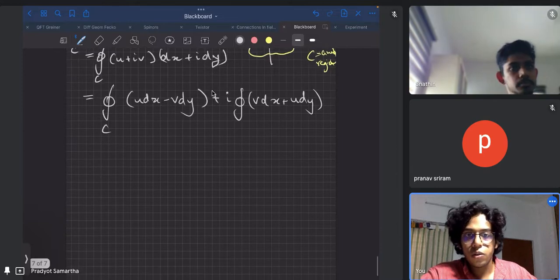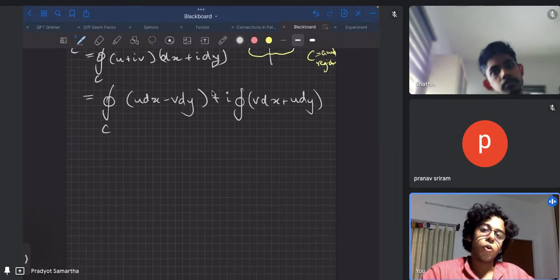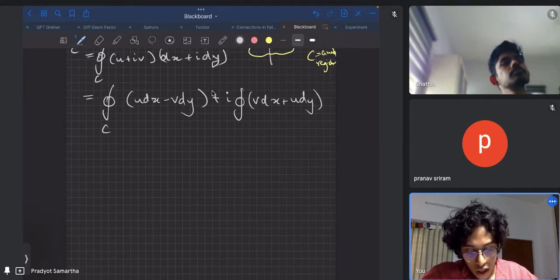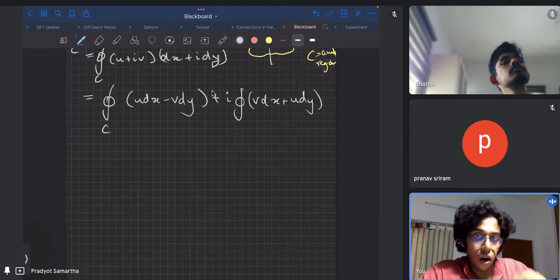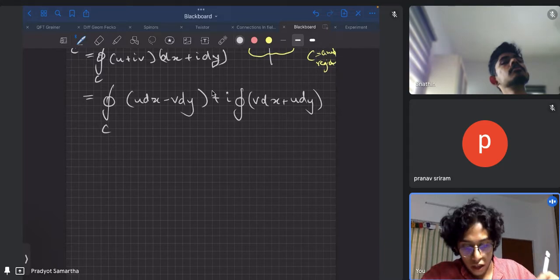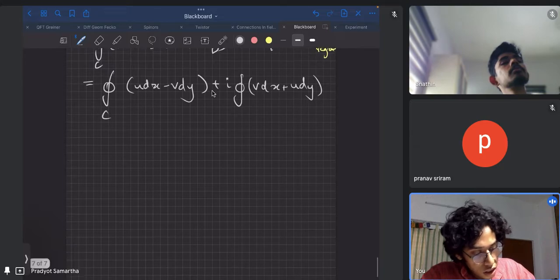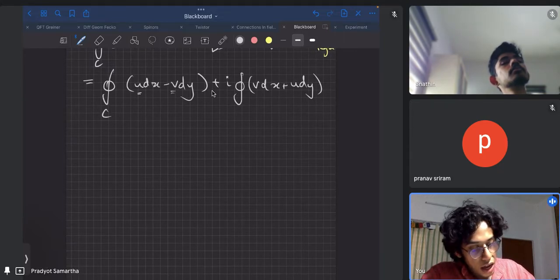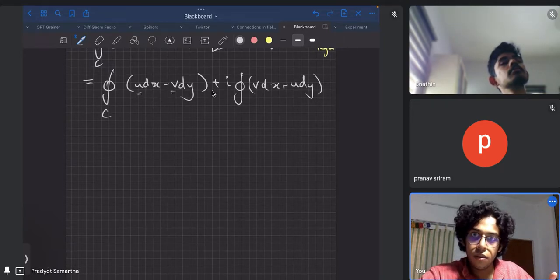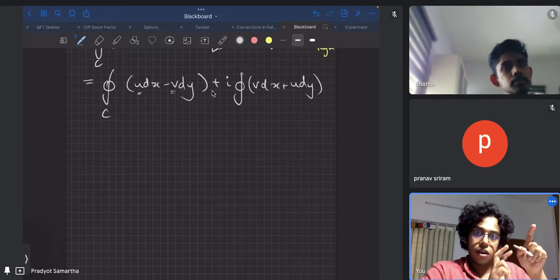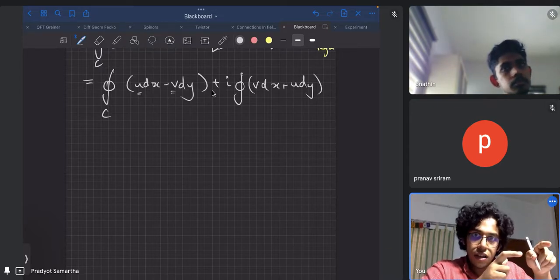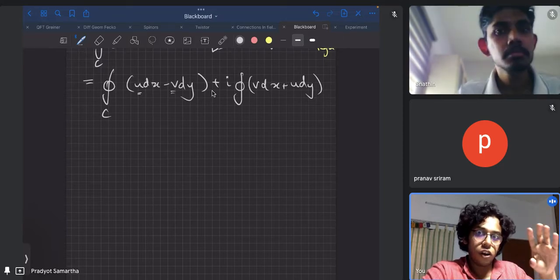Now we can write this as an integration around a loop in the xy plane. We consider these two functions as vector fields, or vector functions.